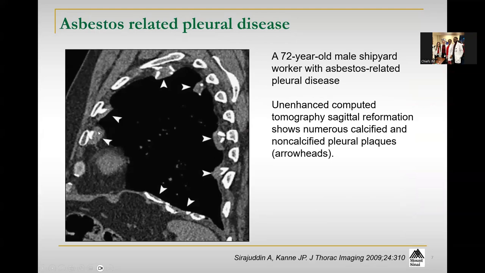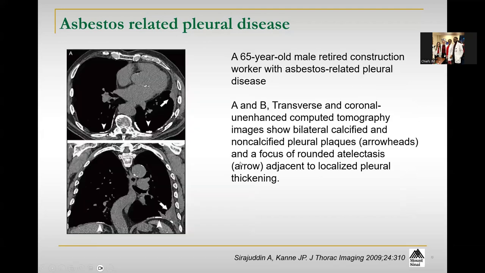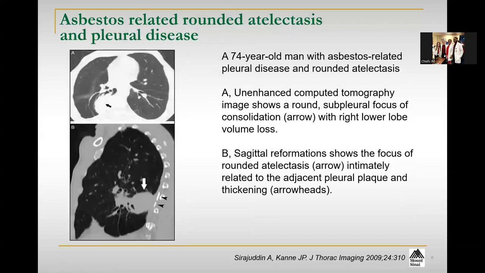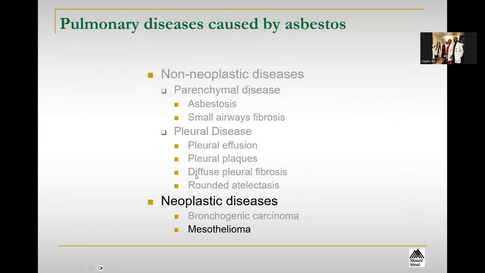They tend to be very close to the ribs, as you can observe. Can be calcified or not. And when it's diffuse, it's usually the visceral pleura that is affected. And here's a case of rounded atelectasis. It's like a swirl of pleural thickening involving the parenchyma.